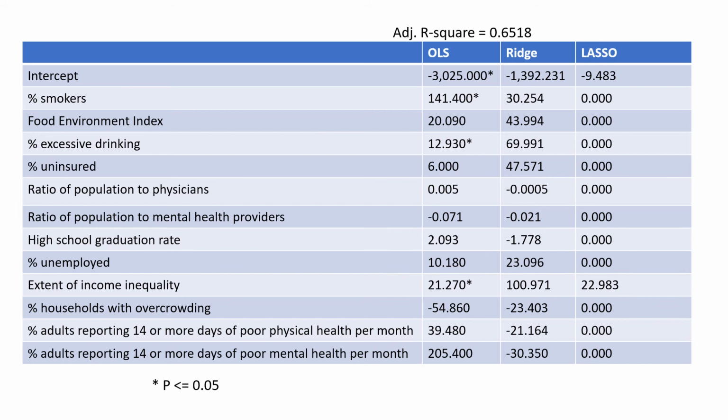And I conducted my analysis in ordinary least square regression, ridge regression, and LASSO. As you can see, for the results obtained for OLS regression, some of the estimates for the betas are kind of bizarre. They are somewhat large.